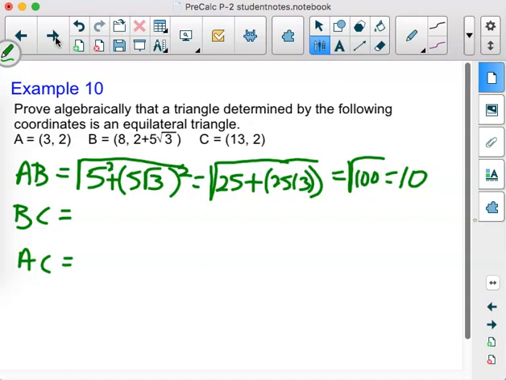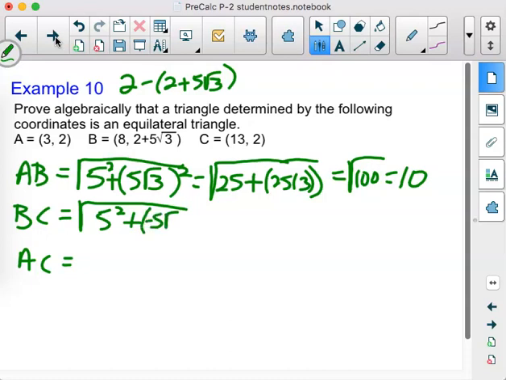From B to C, 13 minus 8, 5 squared. 2 minus 2 plus 5 square roots of 3. Now remember, you have to think of it this way. So we really would have to distribute the negative. Now, if you don't write down the negative in there, I have to wonder whether or not you knew that. So make sure you're careful about those steps.